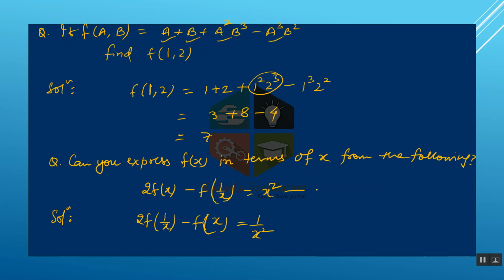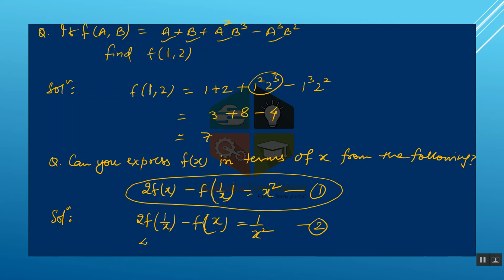If this was equation 1 and this was equation 2, we multiply equation 1 by 2, we get 4f(x) minus 2f(1/x) is equal to 2x square. Now we add these two, this will be cancelled out. It will be 3f(x) is equal to 2x square plus 1 by x square.